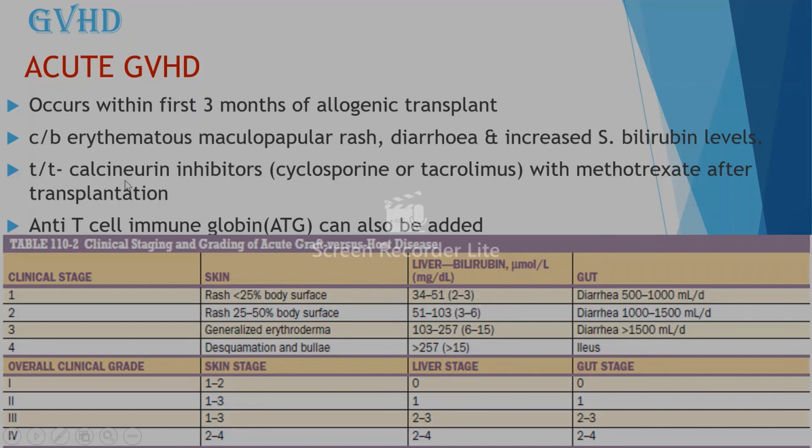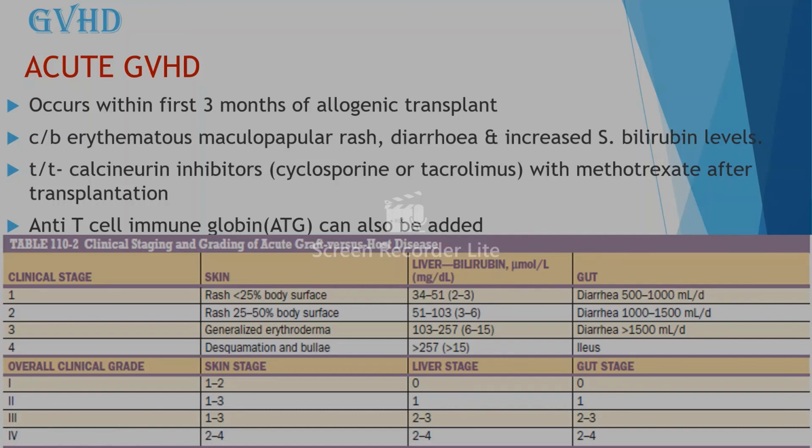Treatment includes calcineurin inhibitors, that is cyclosporine or tacrolimus, which could be combined with anti-metabolite drugs like methotrexate or mycophenolate after the transplant. There are also some studies where anti-T cell immunoglobulin is added and is giving good results.